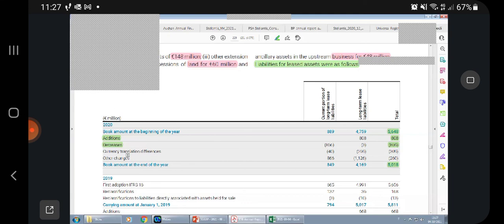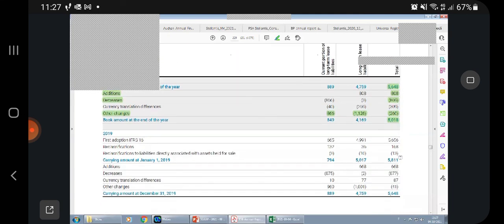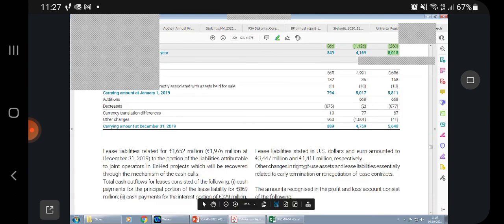Then other changes, and it's probably written here, exactly. Other changes in the right of use asset and lease liability are related to early termination or renegotiation of lease contract. Is this clear?